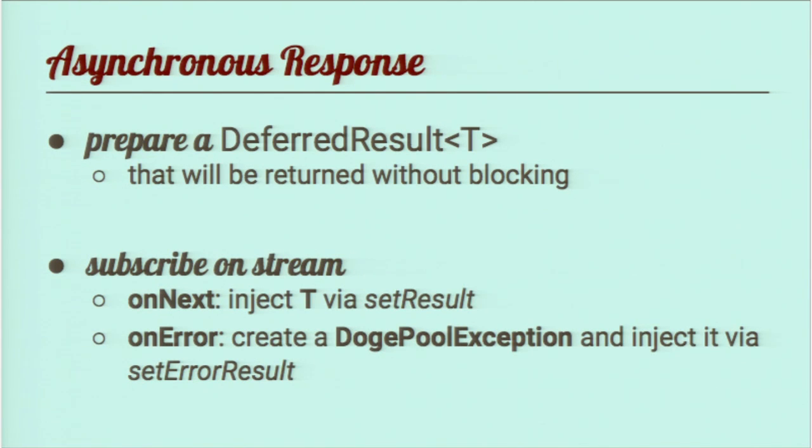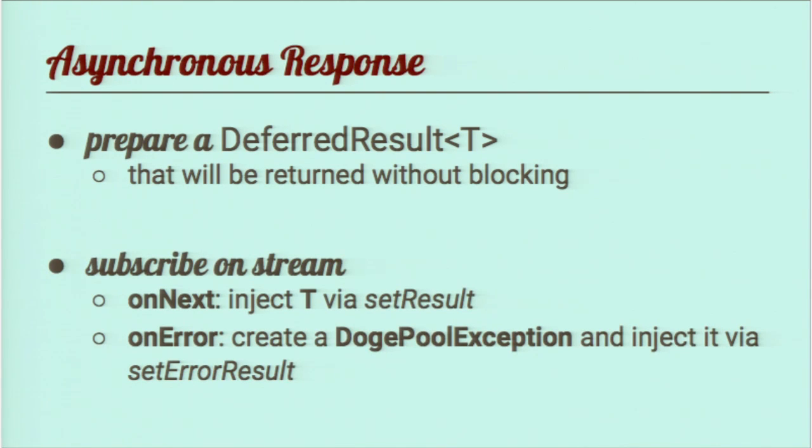So you need to bridge between the Spring way of expressing asynchronicity and your observable services. What you can do is create a DeferredResult and subscribe to your service observable, and say, okay, when I receive a value, I will inject that value T by calling deferredResult.setResult.